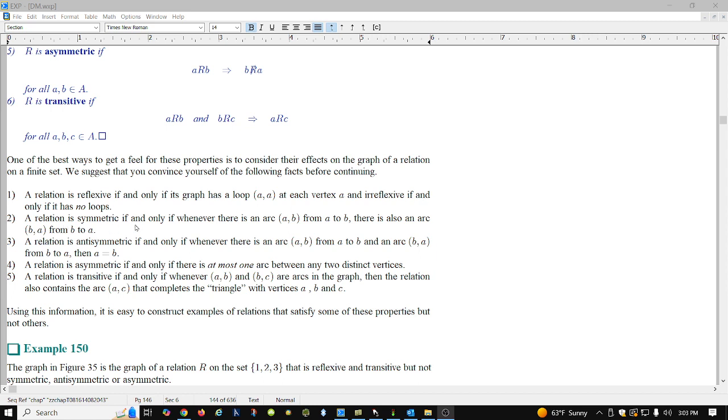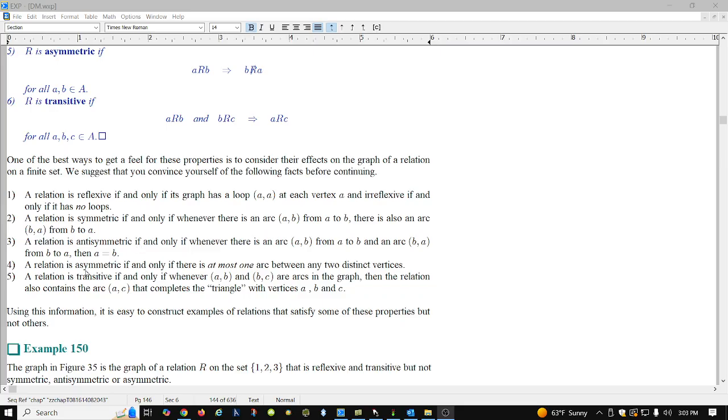A relation is symmetric if and only if whenever there's an arc from a to b, there is also an arc from b to a. A relation is antisymmetric if and only if whenever there's an arc from a to b and an arc from b to a, then a and b are the same vertex.